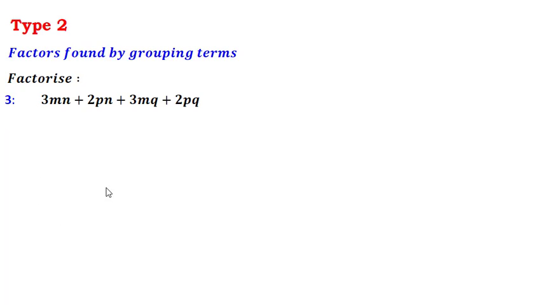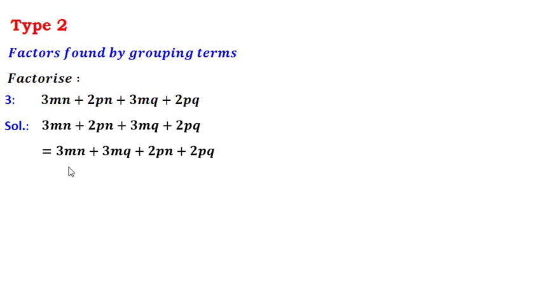Let us see the third question. 3mn + 2pn + 3mq + 2pq. Now in the first two terms n is common, and in the last two terms q is common. So I can take 3m common from the first two terms, or else I have rearranged the terms as 3mn + 3mq and 2pn + 2pq.